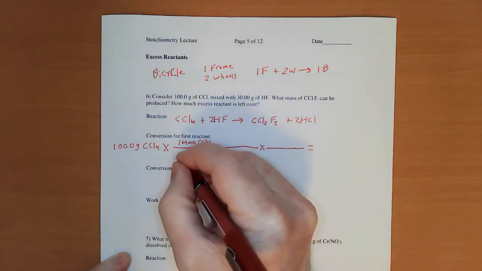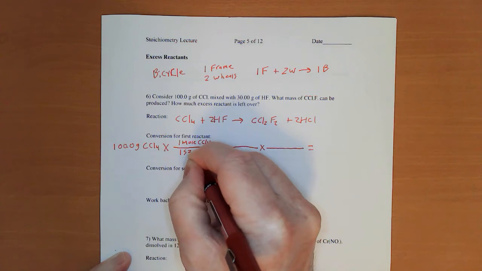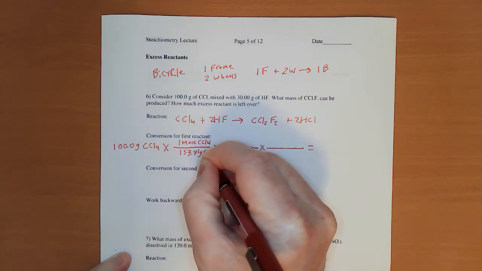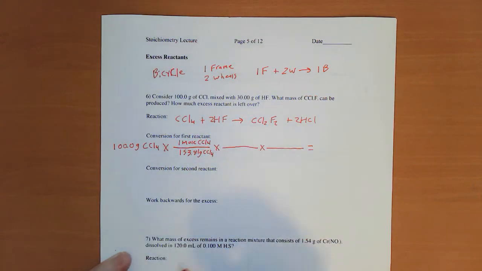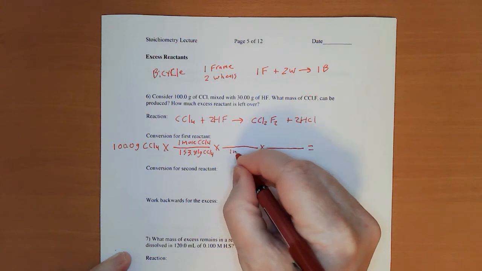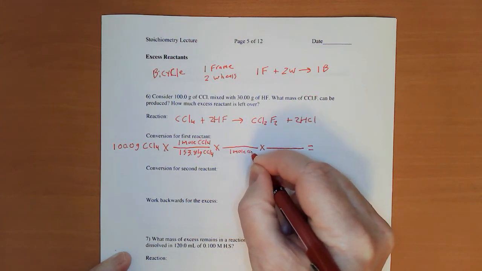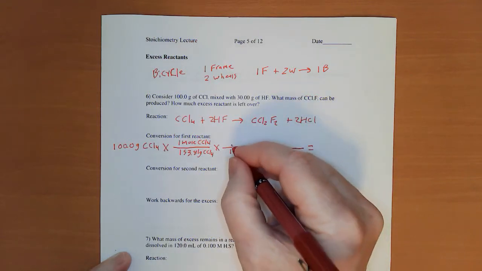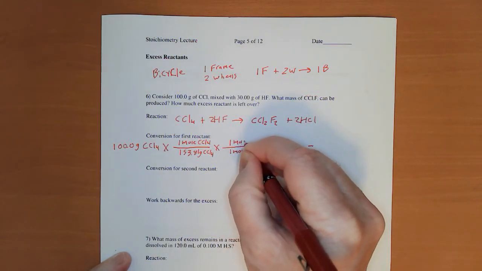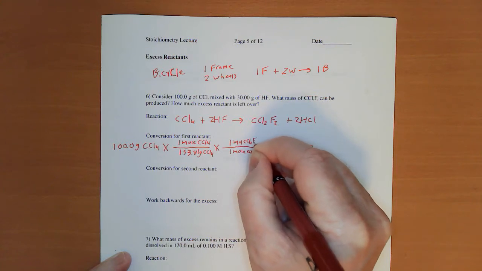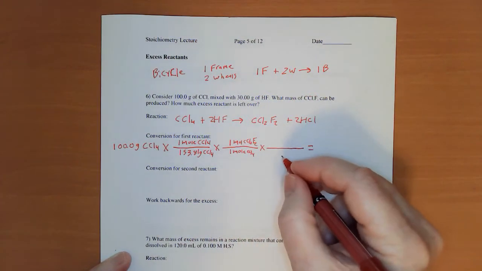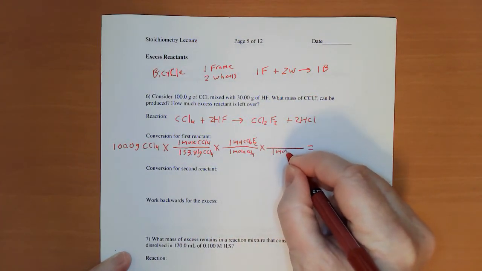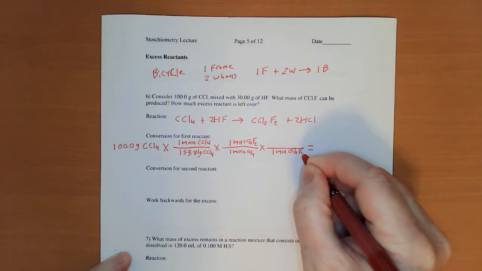That's 153.81 according to my periodic table. You might have a slightly different rounding. I wouldn't panic on that. 1 mole CCl4. And we're converting towards the CCl2F2. Gives us 1 mole CCl2F2.